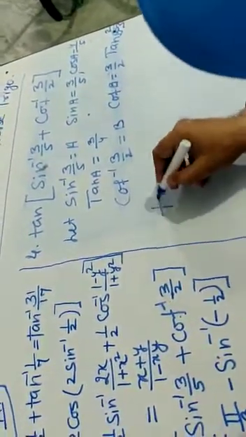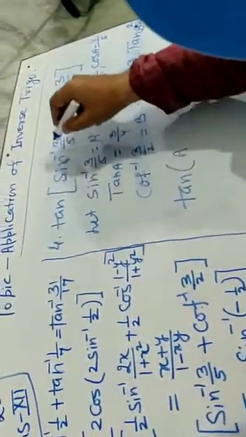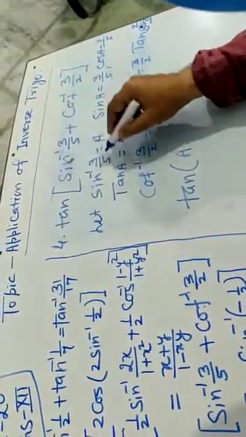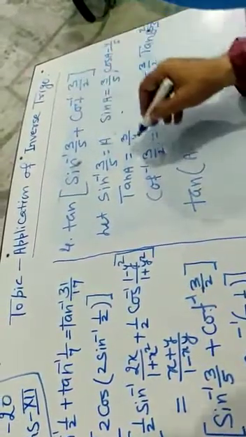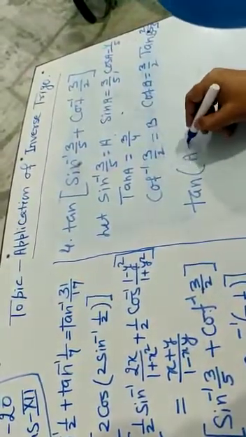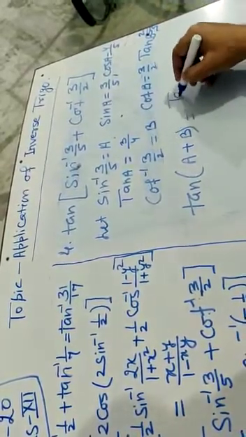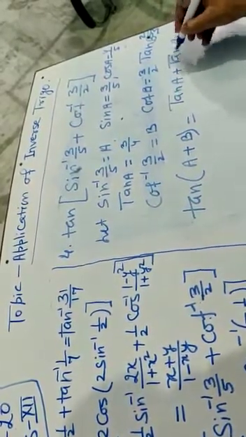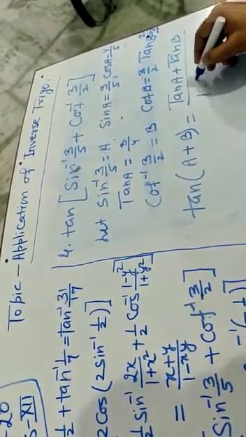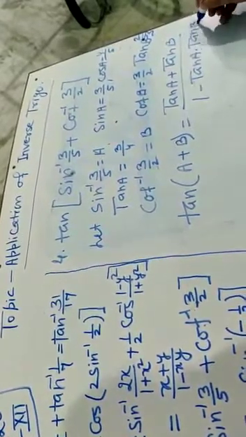Now, instead of sin inverse 3 by 5 you write a, and instead of cot inverse 3 by 2 you write b. Tan of a plus b is tan a plus tan b by 1 minus tan a tan b.